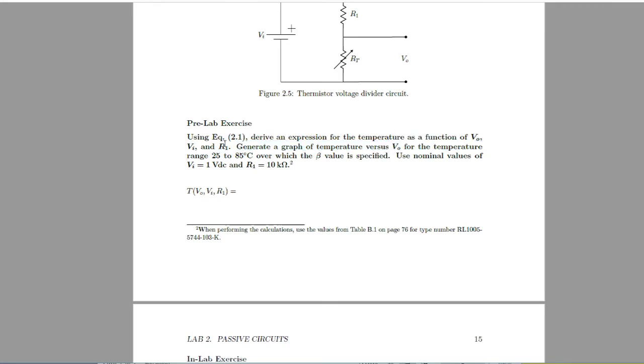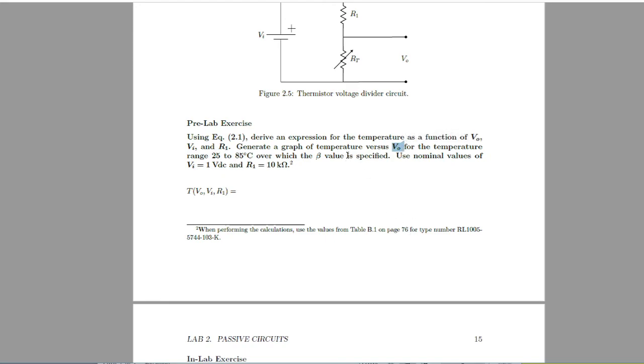So temperature on your vertical axis, we want you to plot this. We give you a range of temperatures that we want it over. So we want to see a plot of how temperature is affected by the voltage drop here. So T versus V out, temperature as a function of V out.